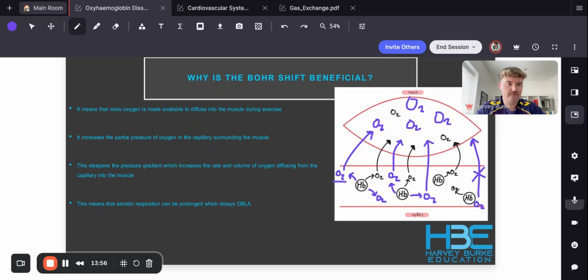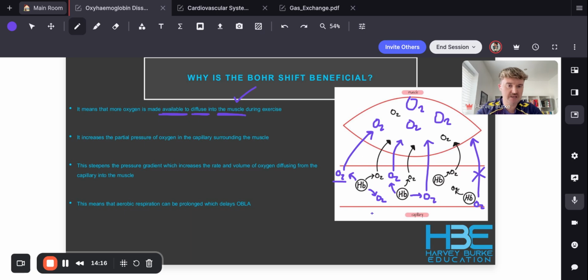And then as a final point, why is that good? It means that more oxygen is available, that is in bold, to diffuse, that is in bold, into the muscle. That is in bold.